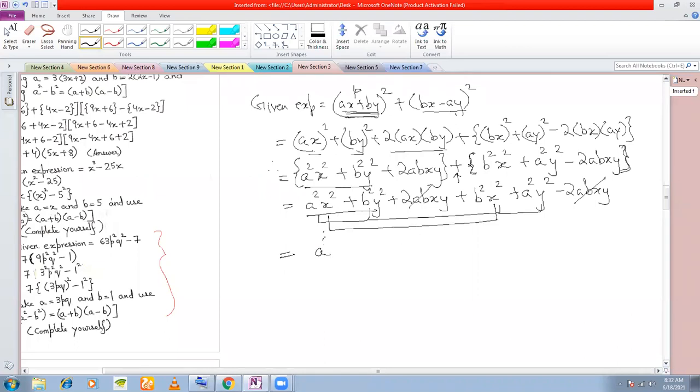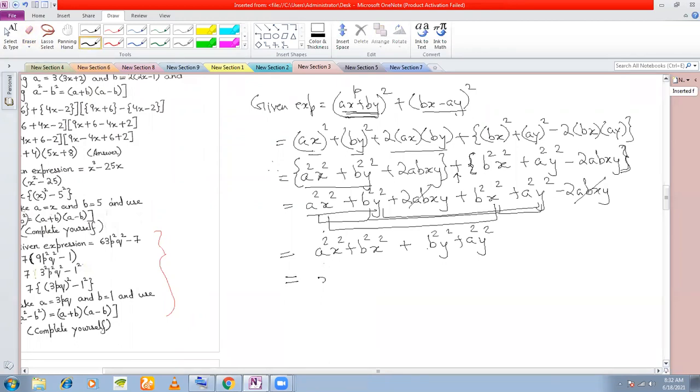So you take a square x square plus b square x square together, and you take these two, b square y square and a square y square, together. No need to put brackets at first. If you want, you can put them, but in the notes I have put the bracket first; it is not absolutely necessary. You can put the brackets later on also.